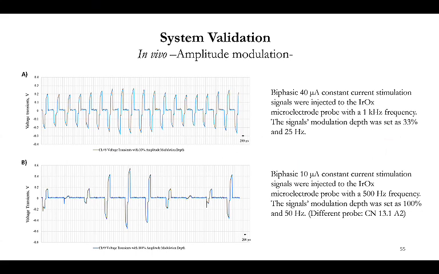In amplitude modulation the frequency is constant, and just the amplitude intensity is changed based on the percentage. There are 3 different ranges: 33%, 66%, and 100%. Based on this range, a user can easily set whatever amplitude depth they prefer, and the system successfully generates this amplitude modulated signal.